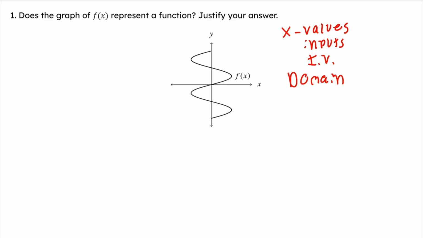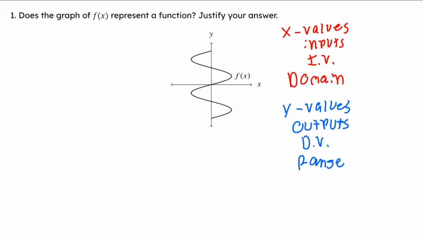Conversely, the y values are what we call the outputs or the dependent variables, aka the range. Again, I'm going to use range on my answer key because it is a word that'll come up a lot in Advanced Algebra 2, so really get familiar with that type of language. Now, using any of these vocabulary words, what is your definition of a function?